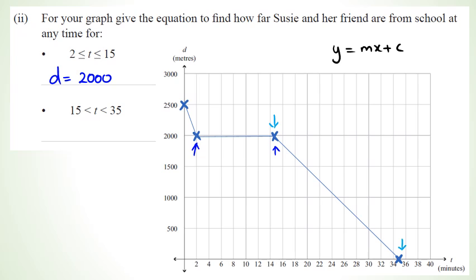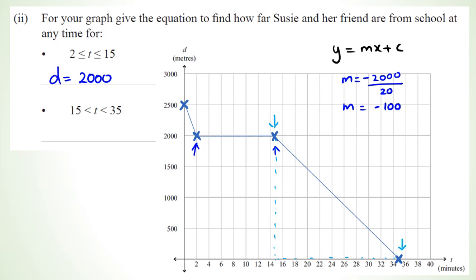First off, you've got to figure out what the gradient is. To have a look at the gradient, you look at what the rise over run is. So in this case our gradient is going to be negative 2,000 divided by 35 minus 15, which is 20. So the gradient is going to be negative 100.